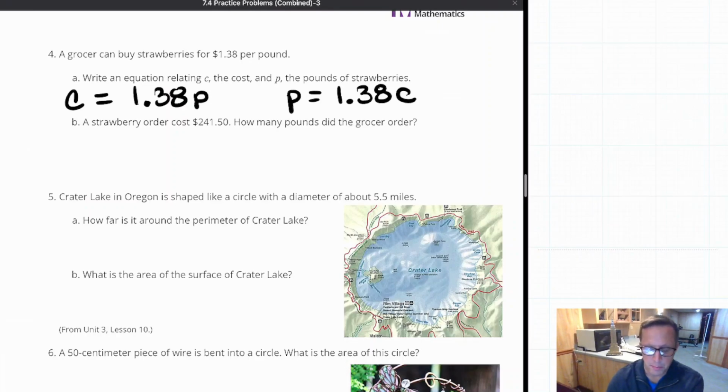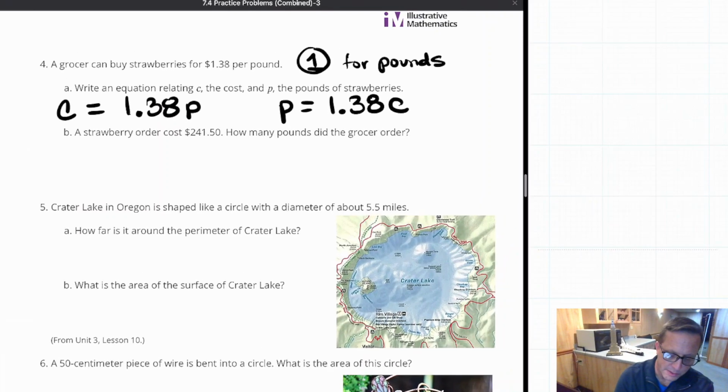We know from the problem that it's $1.38 per pound. So if we put in the number 1 for pounds, we should get an output, a result of $1.38. Now the only one where that makes sense is right here.